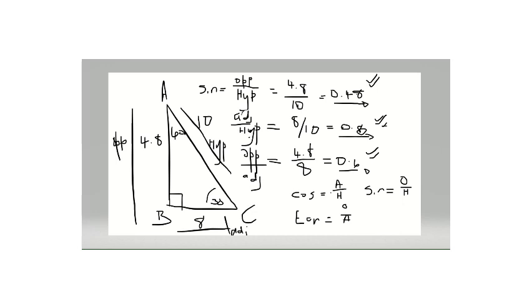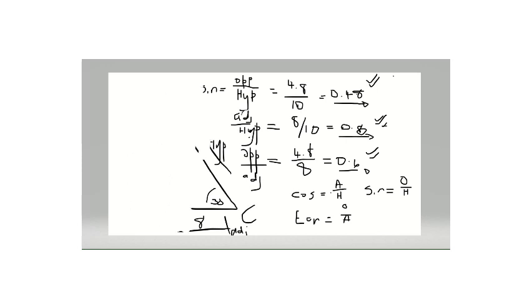Do you all understand this? But we can create a mnemonic for this in order to memorize this and never forget it. We know that sine is equal to opposite over hypotenuse.